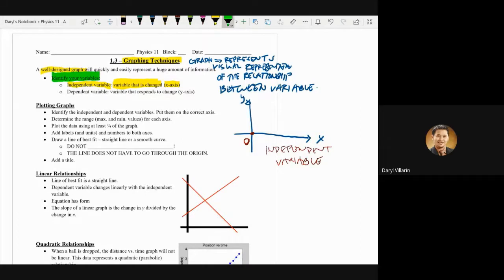The dependent variable, on the other hand, should be plotted along the y-axis. So the dependent variable is plotted on the y-axis. One way of looking at the dependent variable is that it is the variable that is being measured.